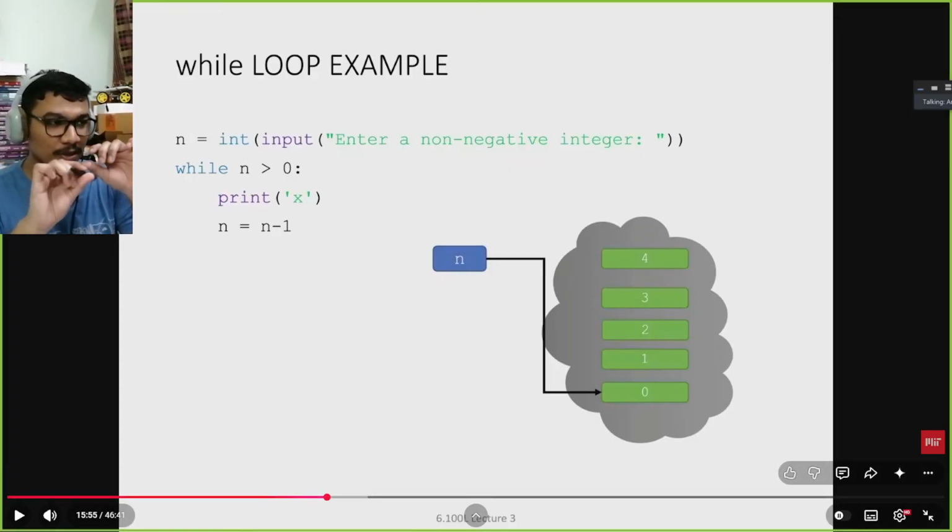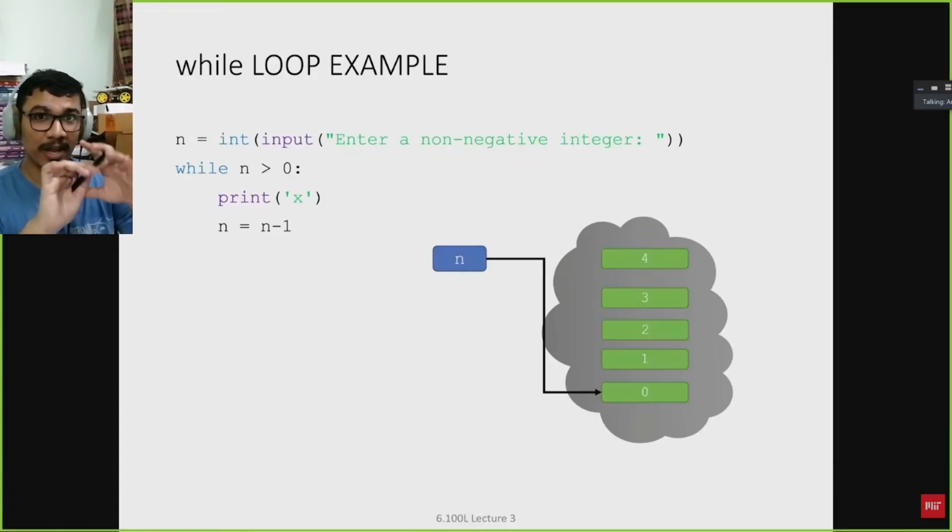Wait. So mathematically, if I have to say this mathematically, the program will print x whatever the value of n is, n which is the input. But what if instead of decreasing, n never got decreased, and instead it's actually increasing?